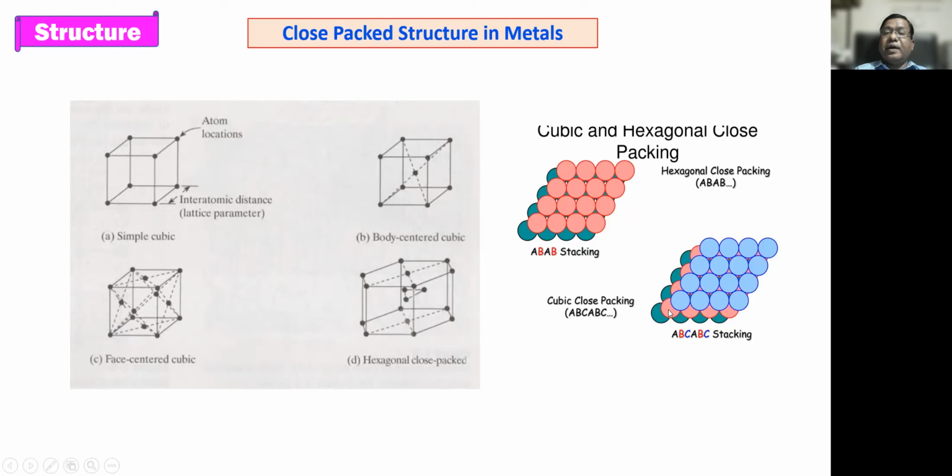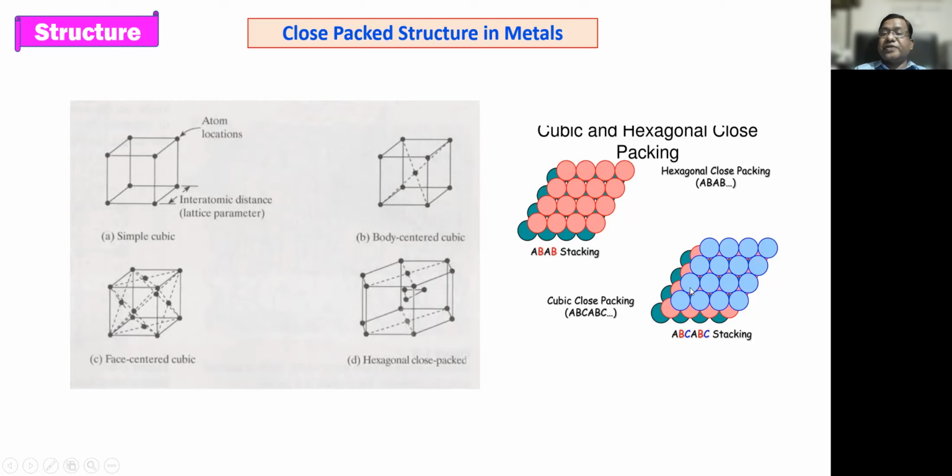So there is another option like here. If the third layer is sitting here, shown here in blue color balls or circles, this is called ABC.